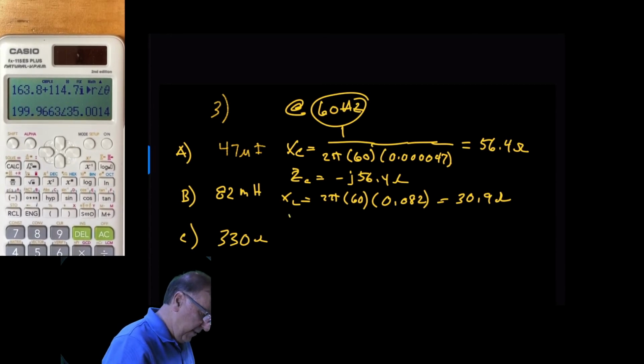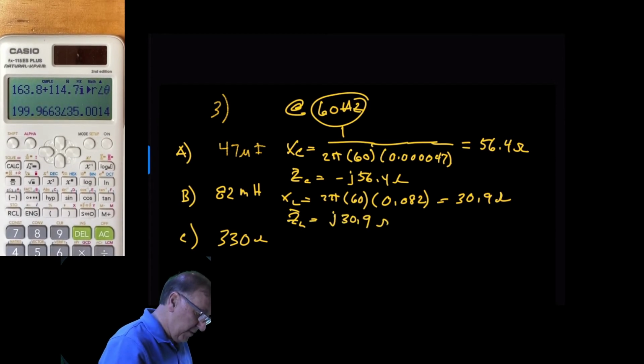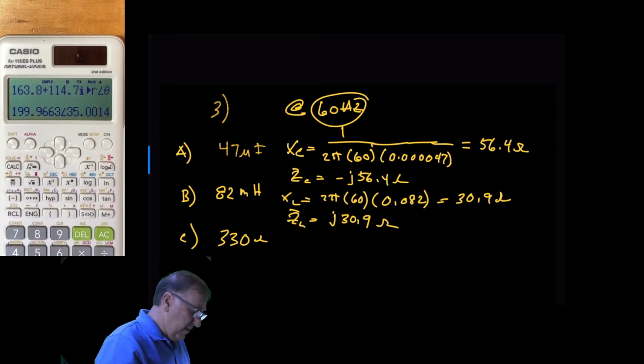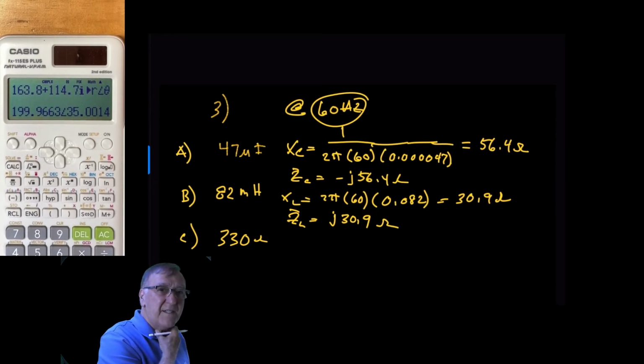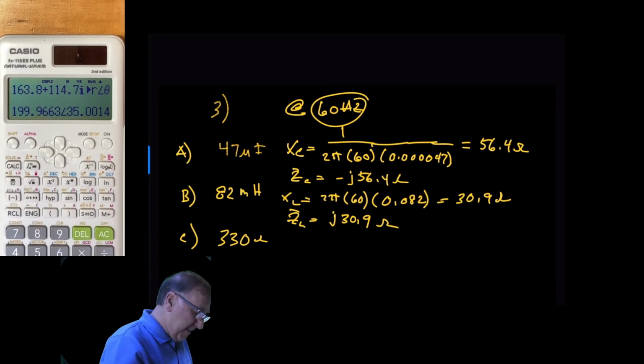Okay, and the impedance of the inductor would just be J 30.9 ohms. And for the last one, well, that's easy. It's a resistor. Frequency has no effect on it, so it's just a resistor, 330 ohms.